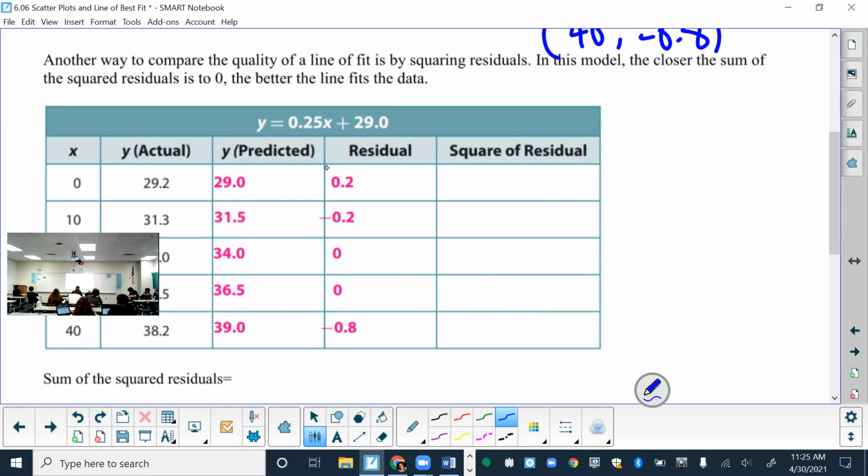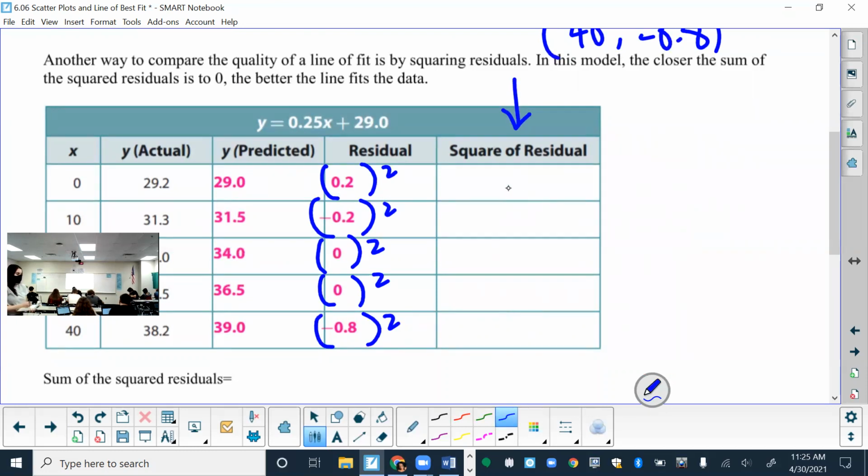So over here, here are the same residuals we calculated in the first example. We're going to square all of them and put them in this column. So what's 0.2 squared? 0.04.